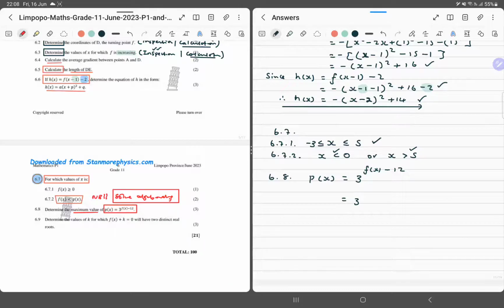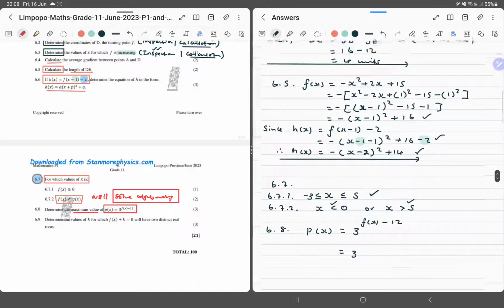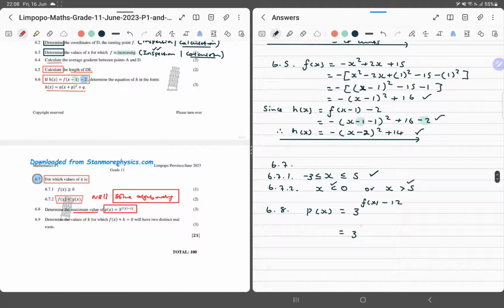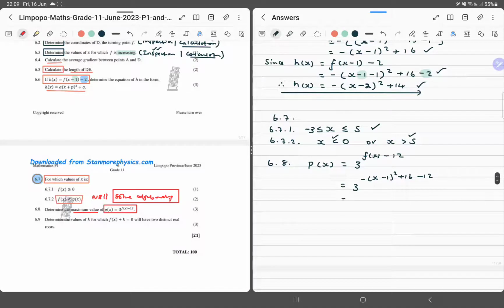Now, what we want for our f of x, we simply want that vertex form we just did. It will save our lives now. So this is basically 3 to the exponent minus into x minus 1 squared plus 16, and then we're subtracting 12 in there.